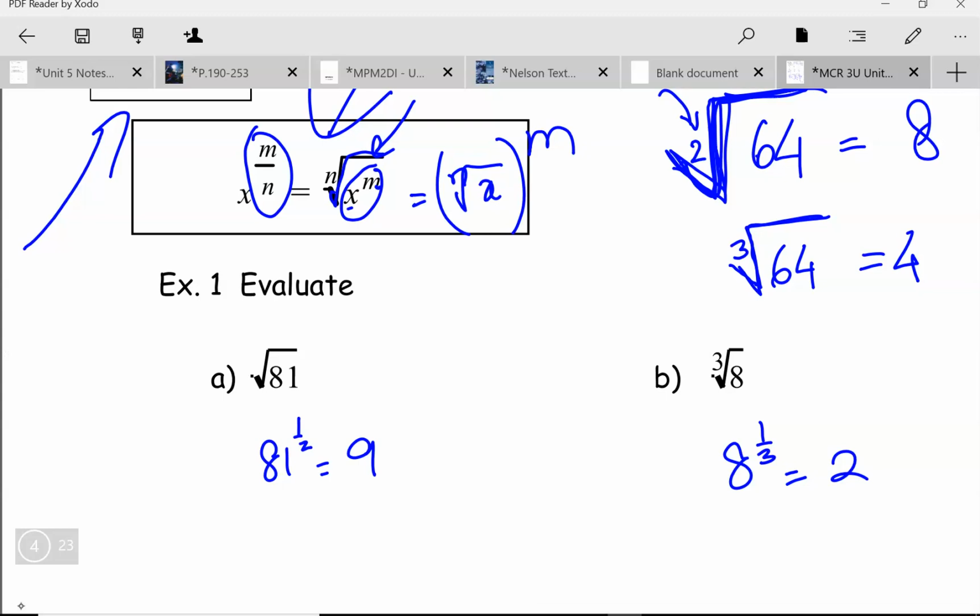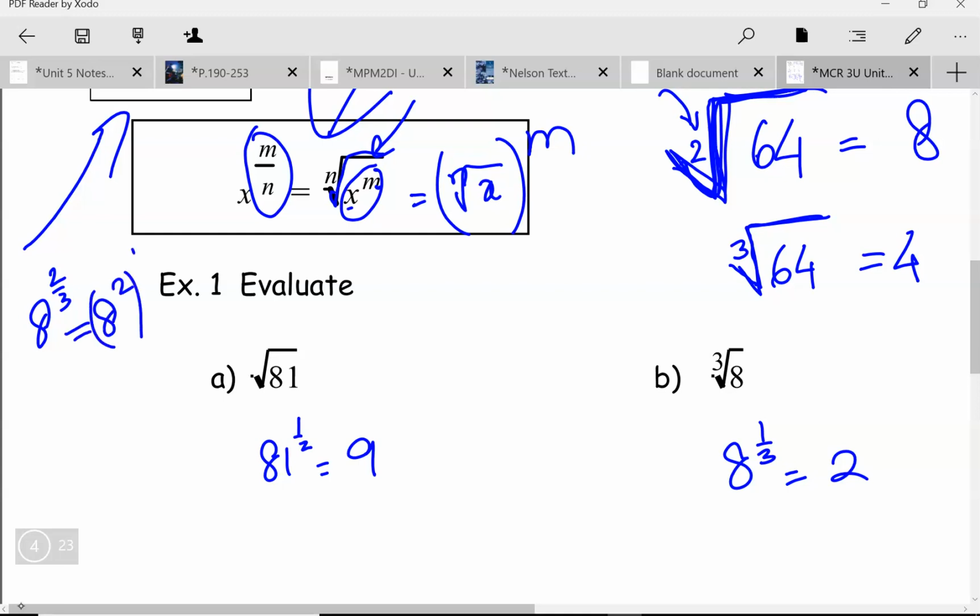For example, if I had 8 to the power of 2/3, I can do the 8 squared first and then take that to the power of 1/3. So 8 squared is 64 to the power of 1/3, which is equal to 4. Or I can also do 8 to the power of 1/3 first and then take the square of that. 8 to the power of 1/3 is 2. 2 squared is 4. So you see we got the same answer.